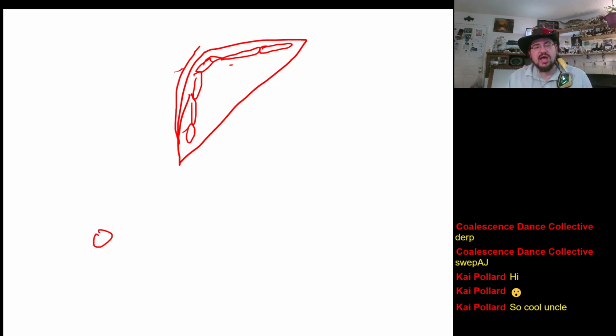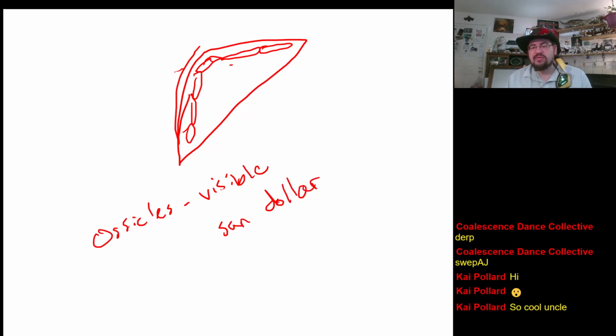It's the ossicles that are visible in, say, a sand dollar or a dead starfish. When you dry them out, you leave the ossicles behind. The spines, on some starfish and on sea urchins, are extensions of the ossicles.